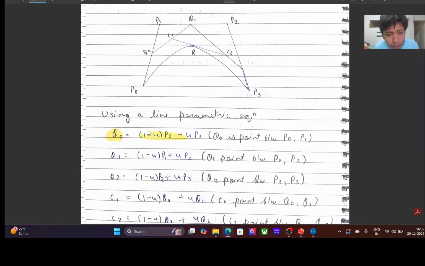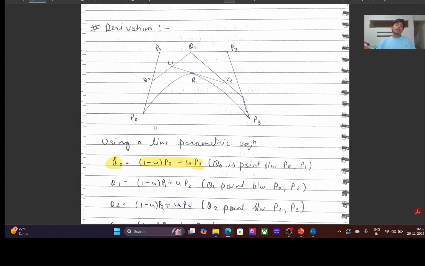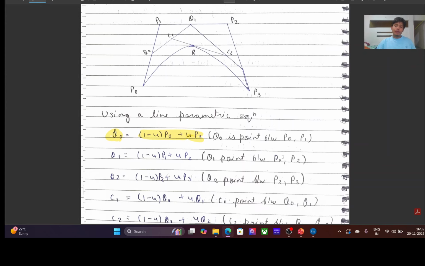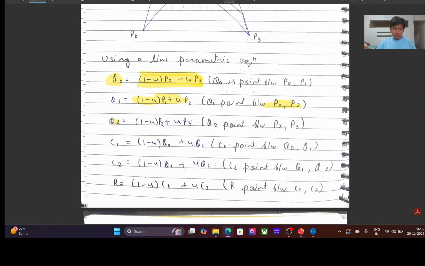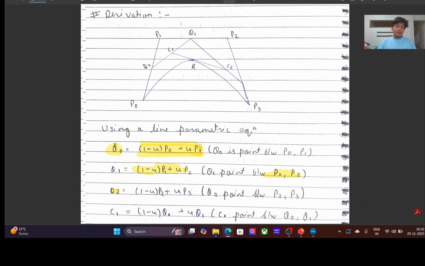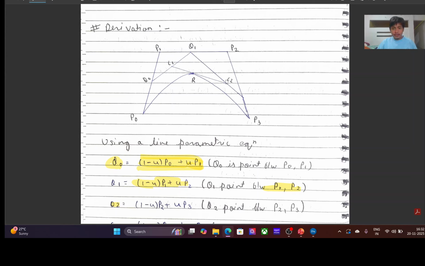This is the normal formula for parametric equation, and it will repeat. Q0 exists between p0 and p1, so that would be the formula of it. Okay, same for q1, which exists between p1 and p2. So we did write the formula or equation for it. Same with q2. Then we have c1 and c2. C1 is here, C2 is here.